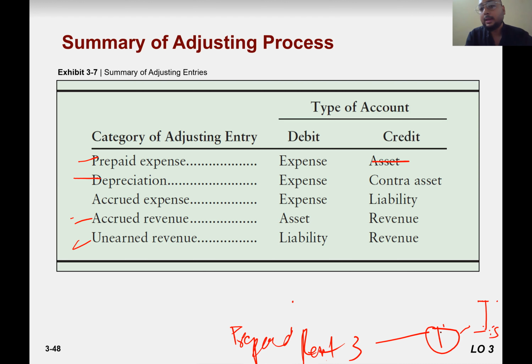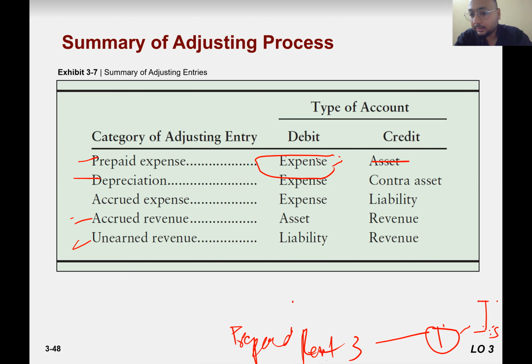So when you consume that, the adjusting entry would be against expense, right? So the entry would be, for example, rent expense to prepaid rent, right?